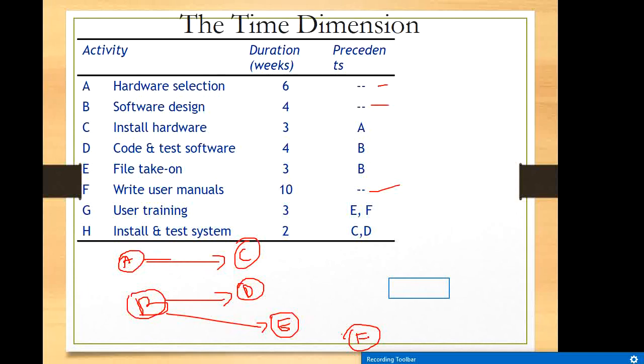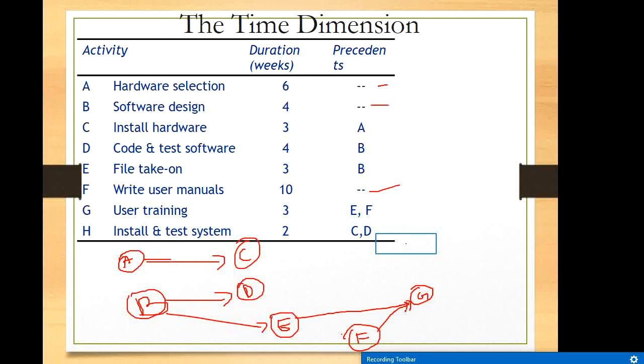Then G, user training only possible after completing E and F. So you can see here G, user training followed by both writing of manual and completing the file takeover.